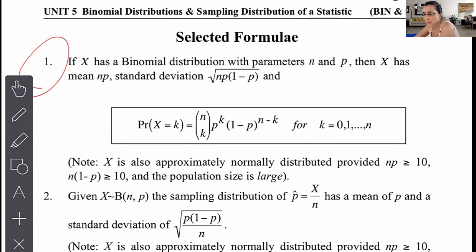And in fact, the distribution will be symmetric and approximately normal provided n times p is larger than or equal to 10 and n times (1 minus p) is larger than or equal to 10. So it's not just symmetric, it's actually going to be viewed as approximately normally distributed. And I do derive that in the notes.